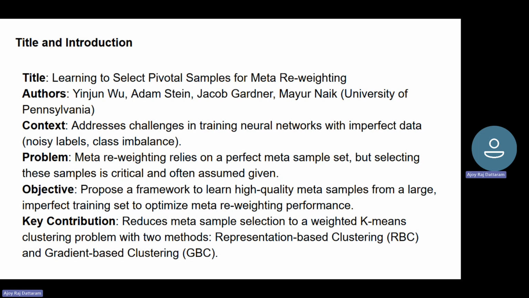So their goal is to create a framework that picks high quality meta samples from a big messy training set and makes meta reweighting work better. They turn this selection into a weighted k-means clustering problem and offer two solutions: representation based clustering and gradient based clustering.